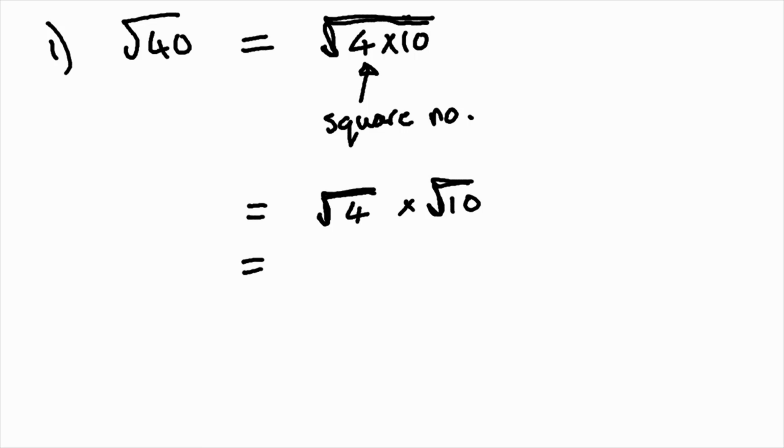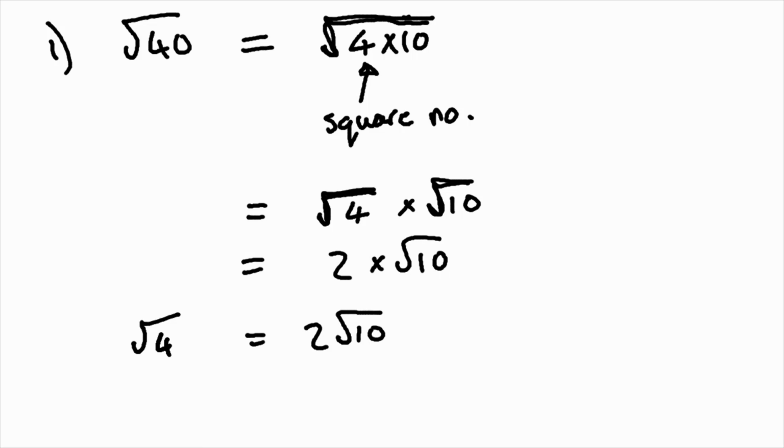Now, this is the importance of 4 being used, because the square root of 4 we can calculate as a single number. So now we've got 2 times root 10. We can simplify this by just saying 2 root 10. So root 40 can be simplified into 2 root 10.